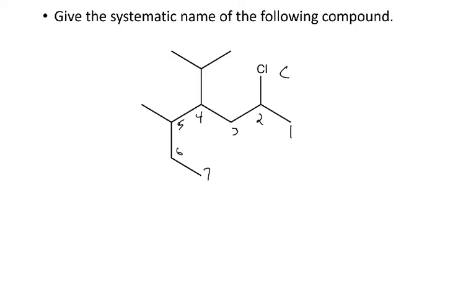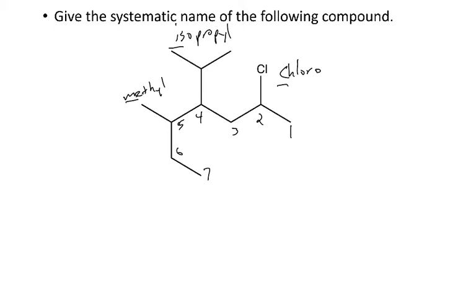I have chloro. This is an isopropyl and a methyl. So I need to put these in alphabetical order. So C, we do use the I in isopropyl and methyl.